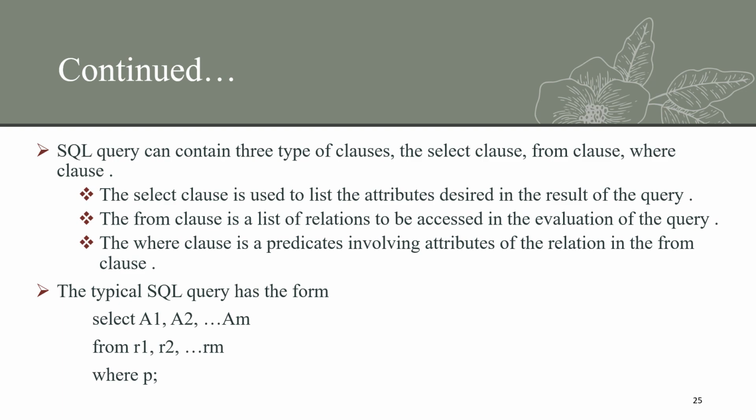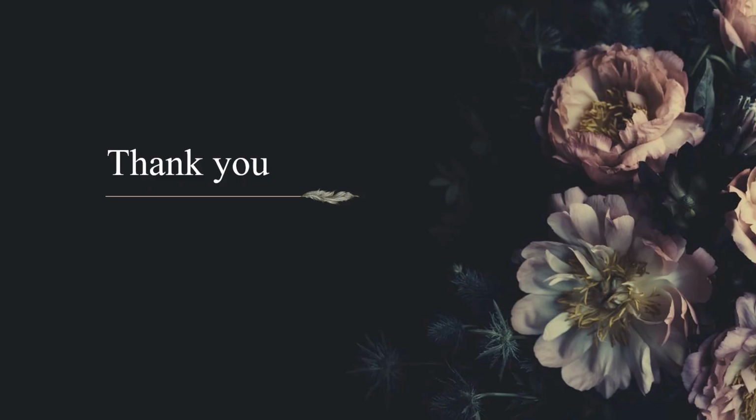Select means what attributes to include, for example id, name, department name, from table names, table 1 comma table 2, where the condition, which means the same table name equal to department dot table name. Thank you.